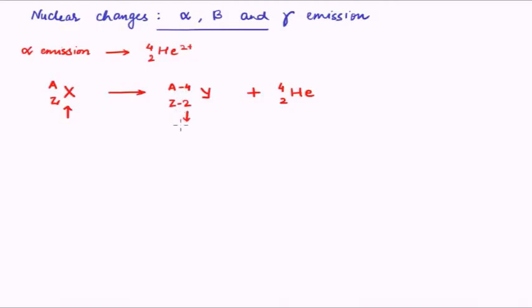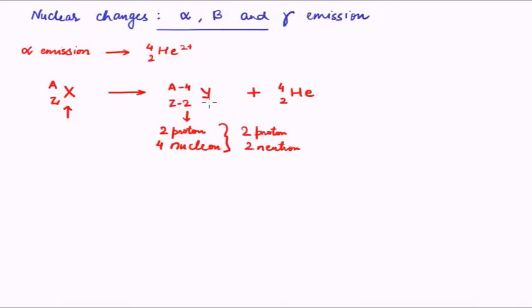So this means 2 protons and 4 nucleons, and since nucleons are protons plus neutrons, alternatively we can say 2 protons and 2 neutrons are lost by the parent element.